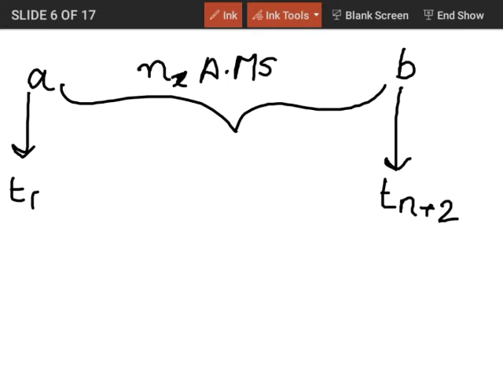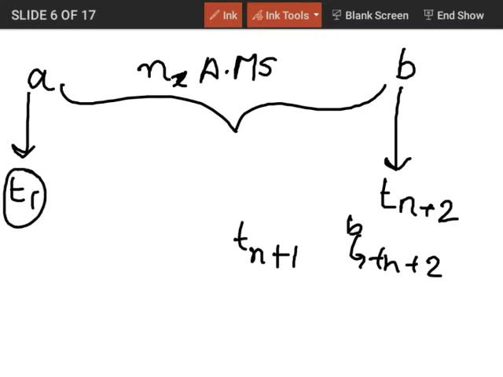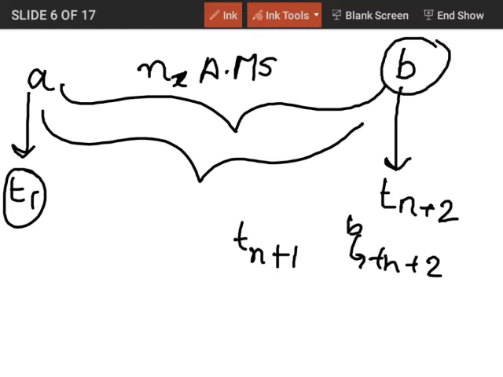Obviously, because this is 1 and in between there are n terms, so the last term will be T(n+2), and b we can write as T(n+2). Think about it, take your time. See, this is T1, we have n terms in between, and then we have b, so this will be T(n+2), right?